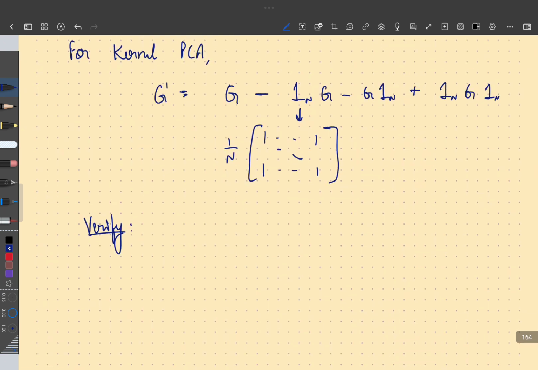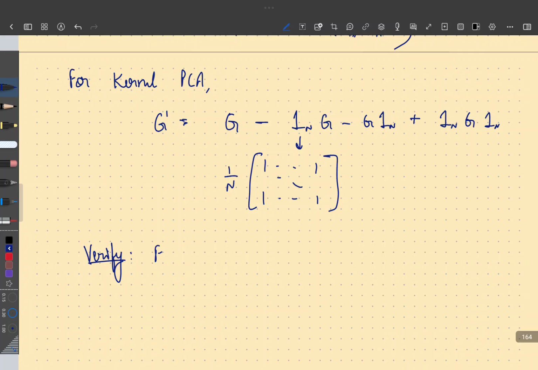Right? So I leave it to you to verify that for any gram matrix G, G must be symmetric.